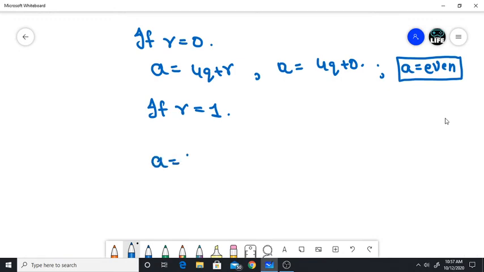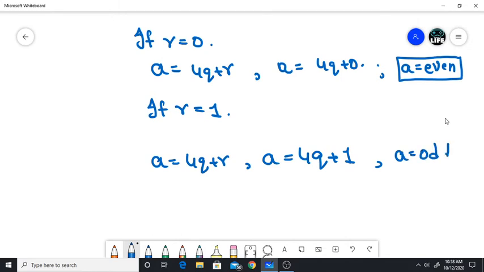Now let's check if r equals 1. A equals 4q plus r. If we substitute the values, we get a equals 4q plus 1. We got that 4q is an even number. Then even plus 1 gives you an odd number.